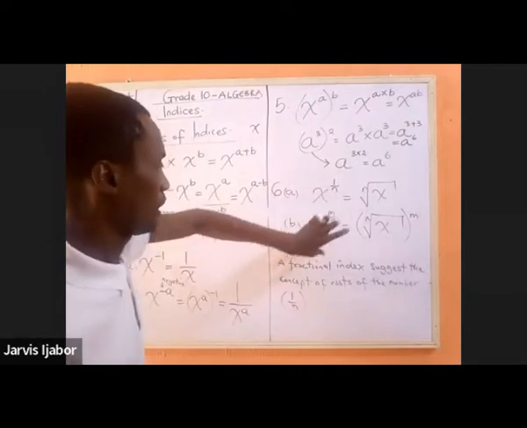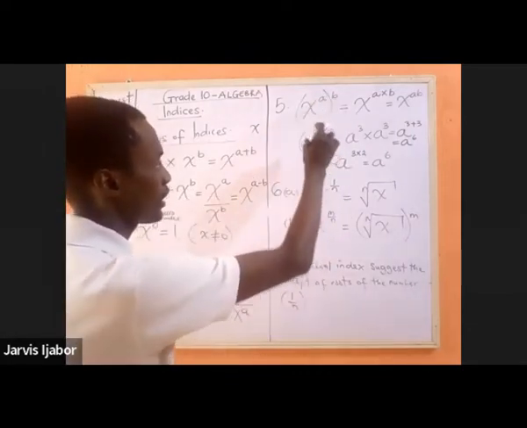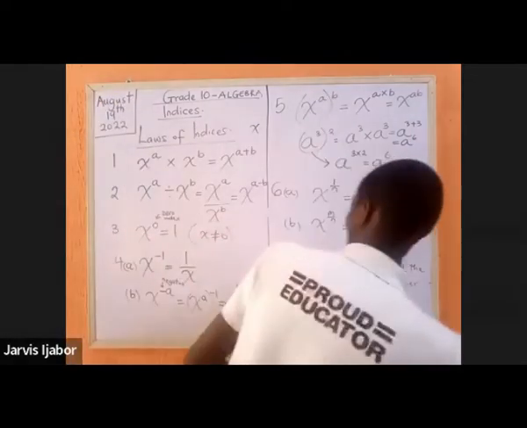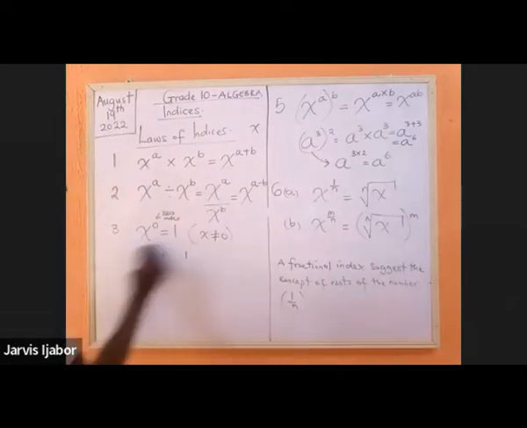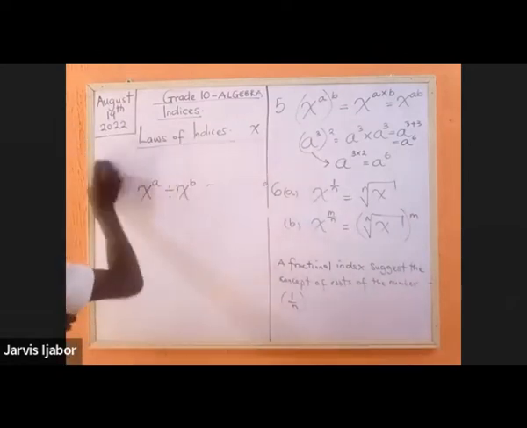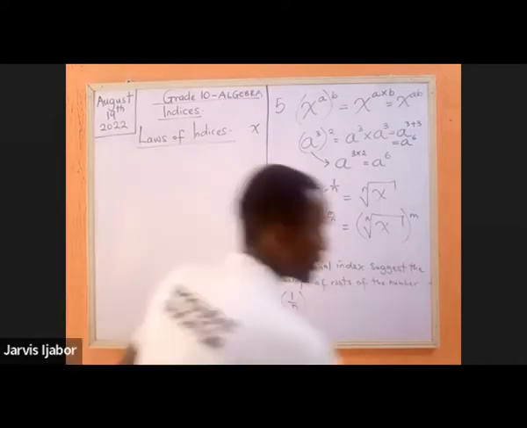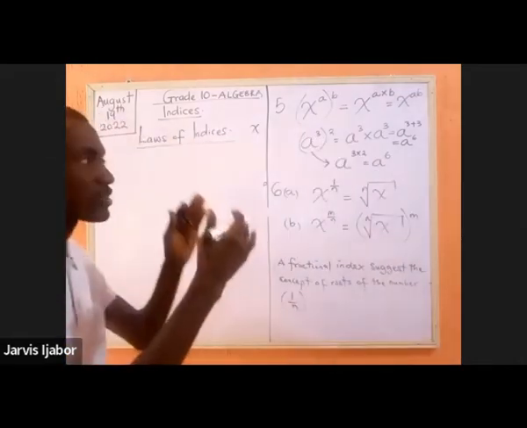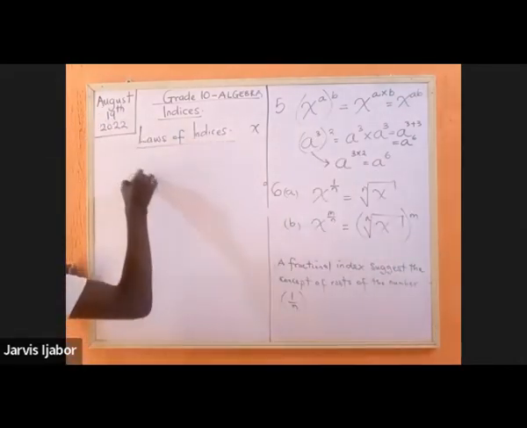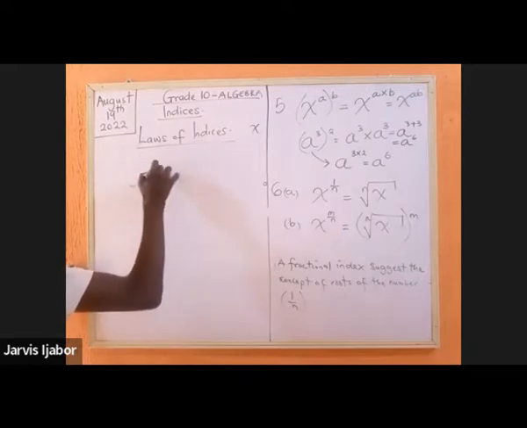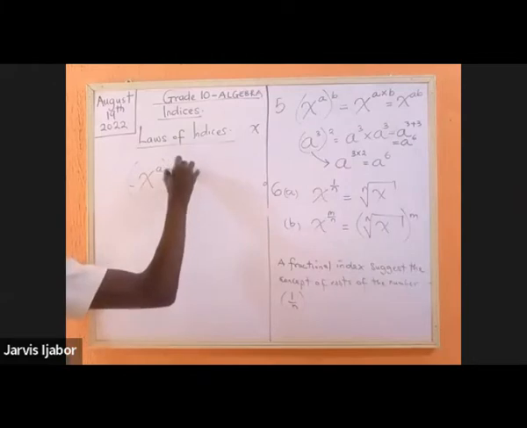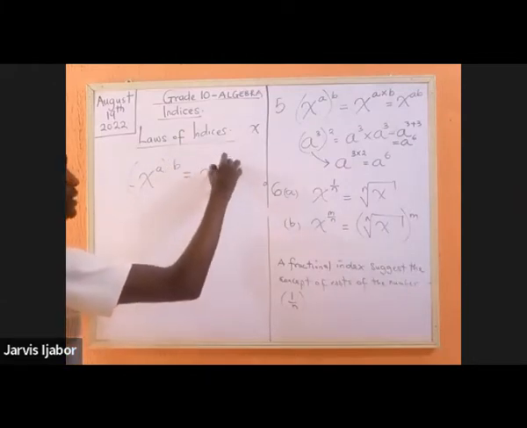Remember, look at what has happened here. Let's have a part of the board to explain that idea. You must try to see the connections as we go. If I have x to the power of a, raised to the power of b, being equal to x raised to the power of ab.